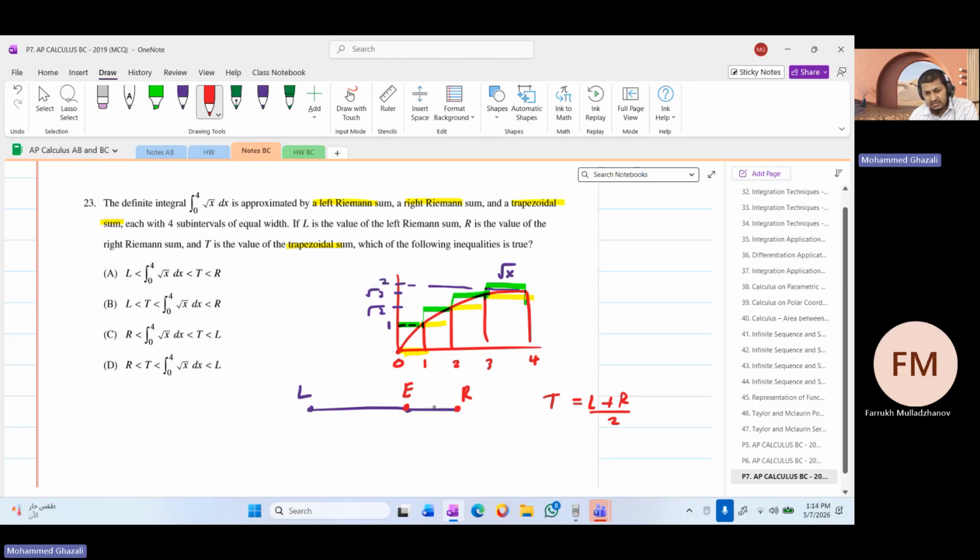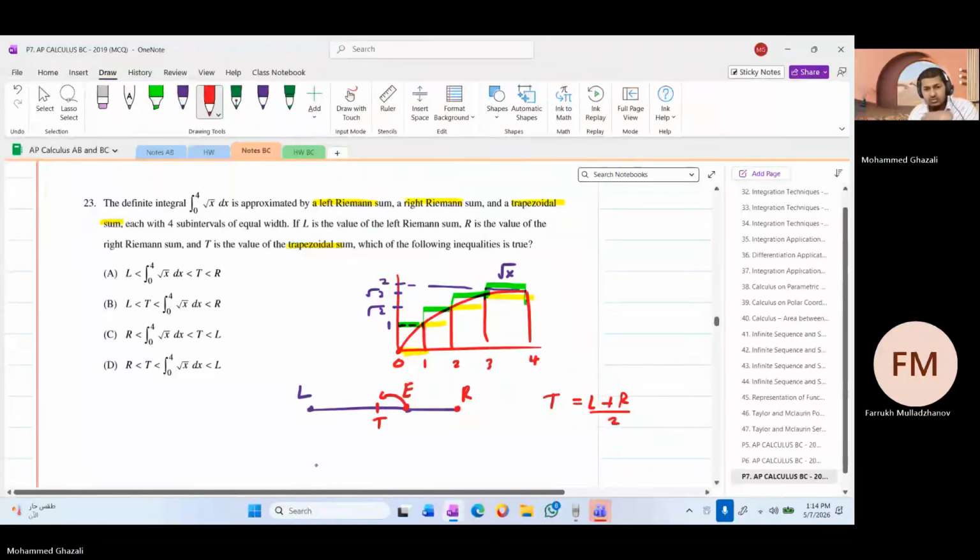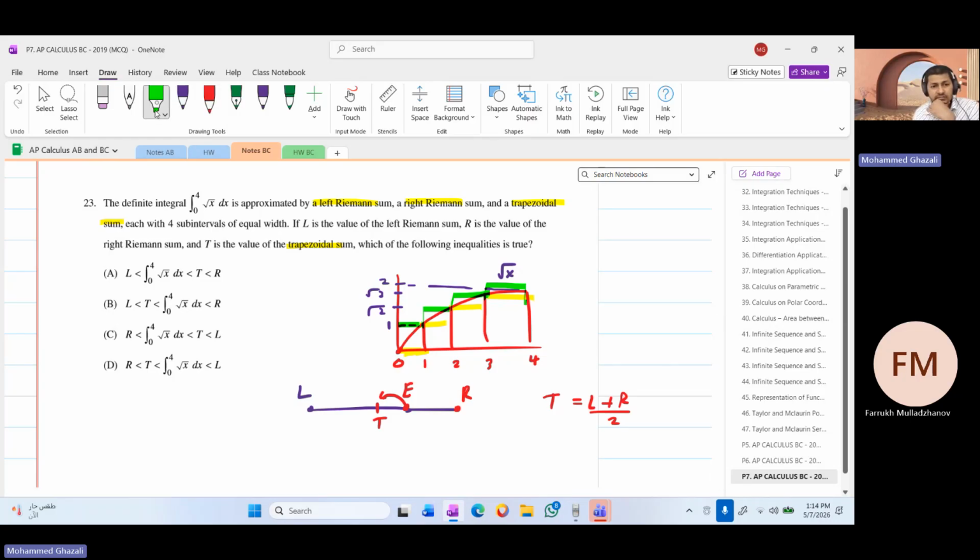It's going to be to the left. Your trapezoidal sum is going to be very close to the exact. So what's your answer? First comes left, then trapezoidal, then the exact area, then the right. That's the order. Are we good? So which is the answer?